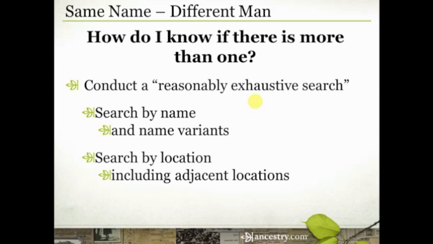And so just because you know your ancestor lived in a specific location doesn't mean that the boundaries didn't change around them, doesn't mean that they might not have lived near a boundary.